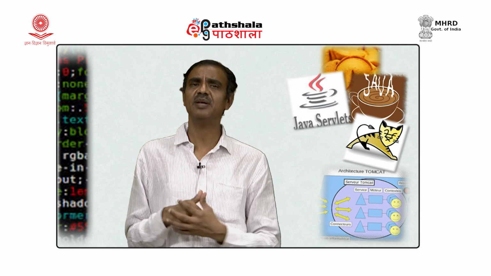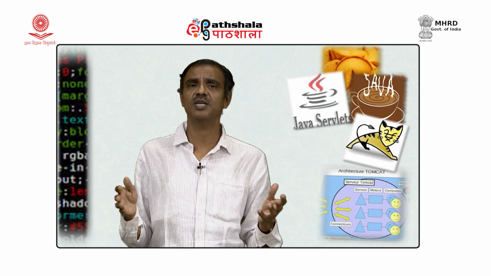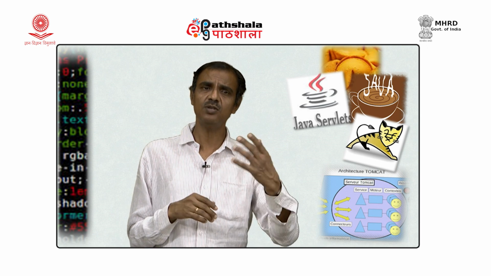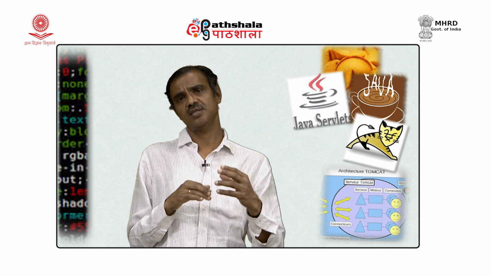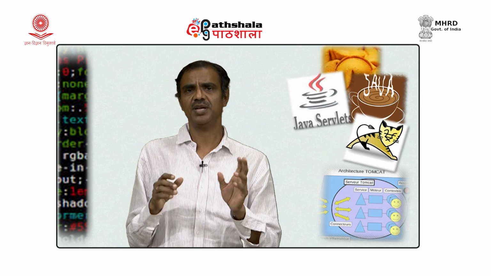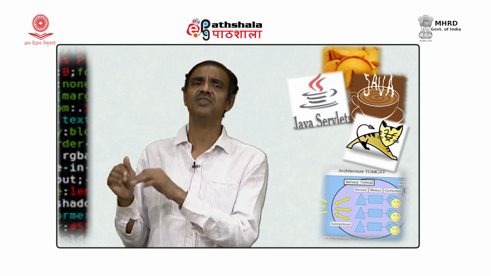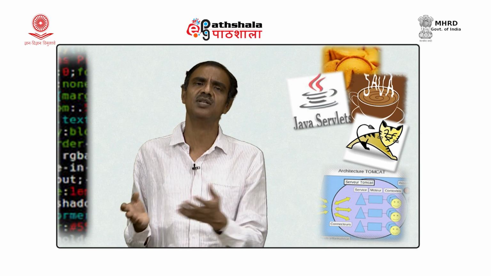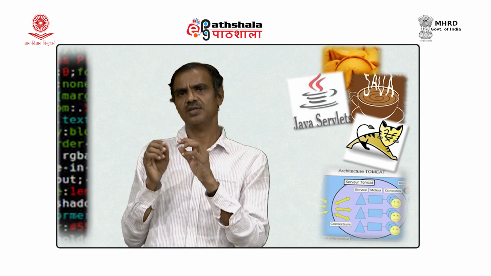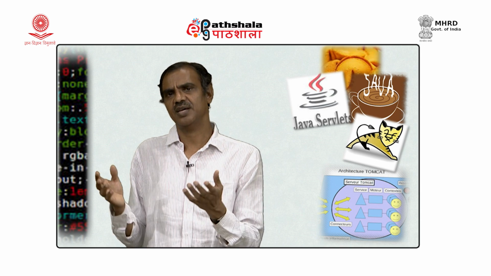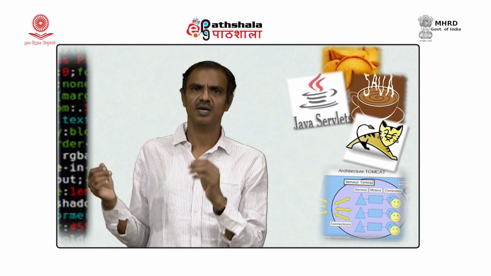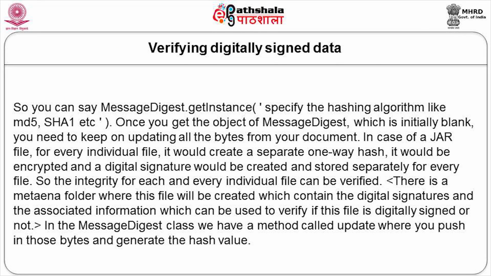You have a static method to create an object of MessageDigest: the getInstance method, where you specify the algorithm for which you want the one-way hash. So, you say MessageDigest.getInstance and pass your algorithm as a string. The algorithm could be MD5, SHA1, SHA256, any of the supported algorithms for one-way hash.